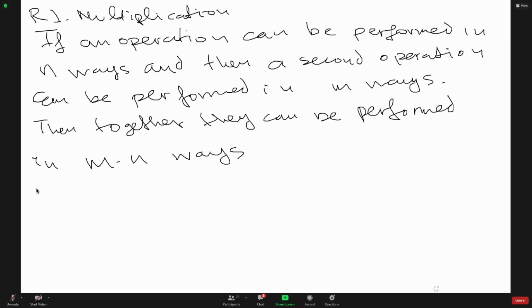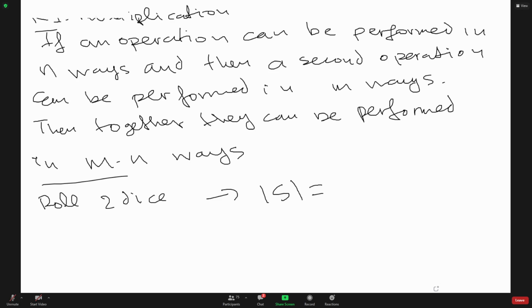Also, for example, if you roll 2 dice, how many outcomes? What is the sample space size? 36. So instead of answering directly, you should raise your hands and I will start asking questions.